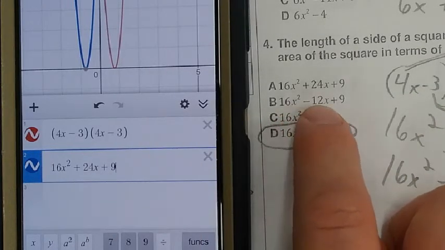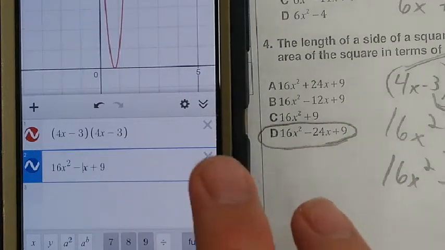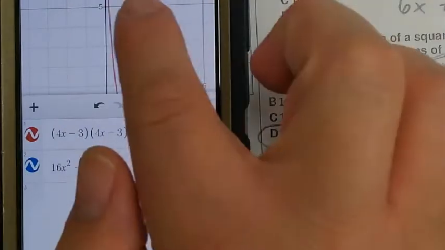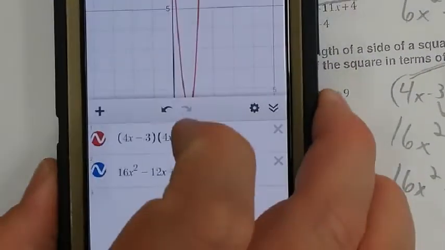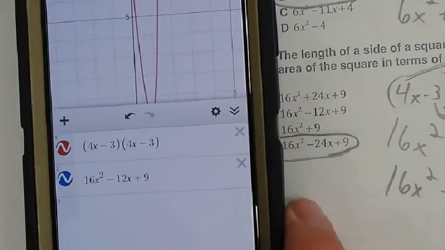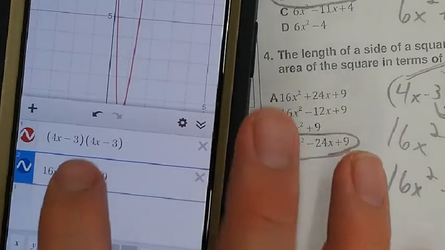16x squared minus 12x. Okay, this one is up here. Oh, you can't see that. This one's up here. So you know that's not the same. So then we try C. Now we know it's D, but I'm still showing you each one just so you can see what it looks like.